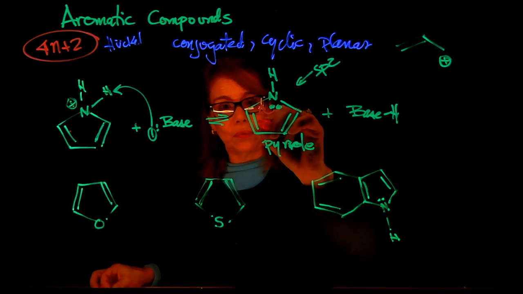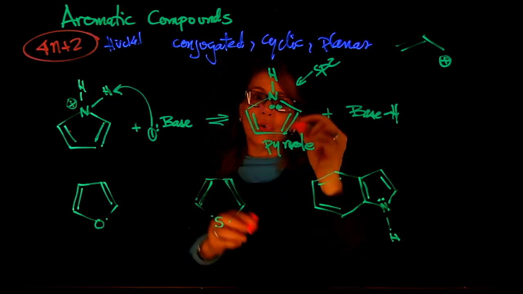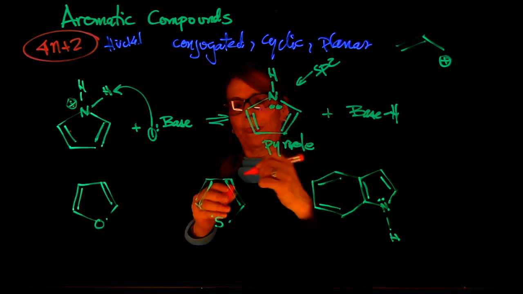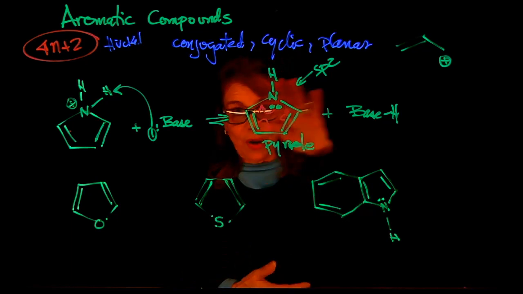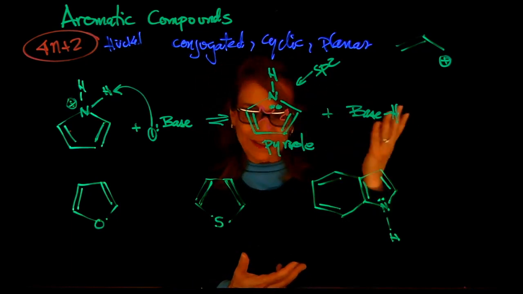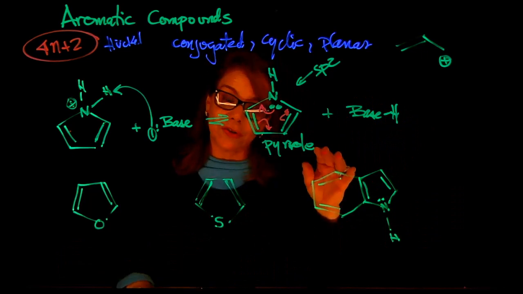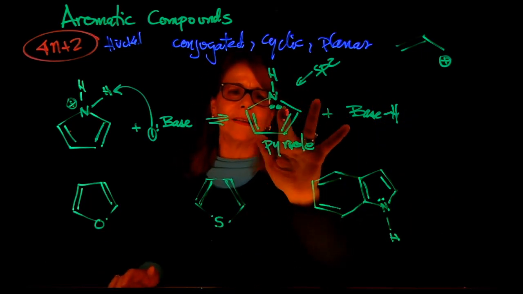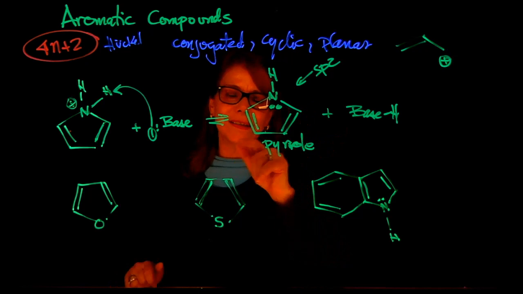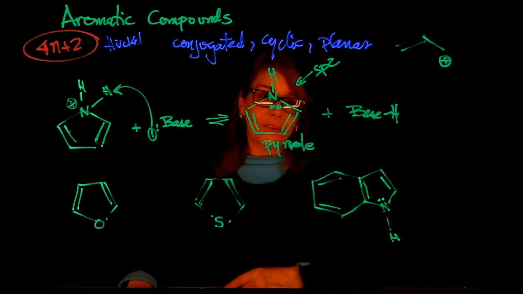We can do resonance here, right? A resonance structure is simply a tool to explain that electrons are delocalized. But what we have determined is that it's conjugated, cyclic, planar, 4m plus 2, so it is aromatic.